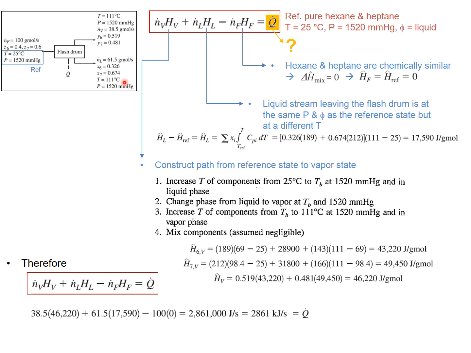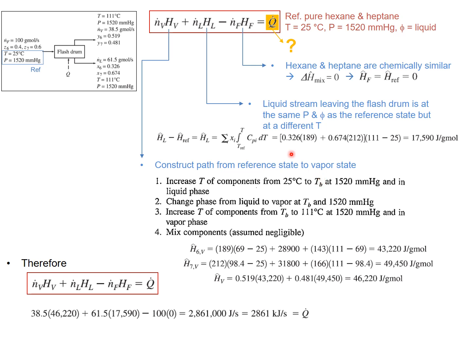So let me do it. First step, increase the temperature of components from 25 Celsius degree up to the boiling point, because at the boiling point the phase change happens, so you should increase the temperature up to the boiling point before the phase change.